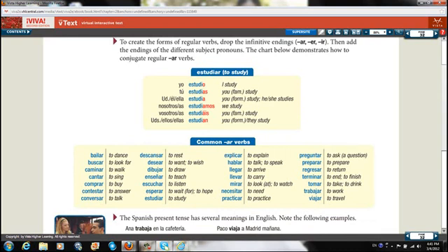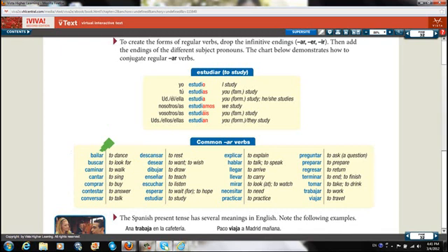Now, let's take a look at some of the verbs here. What they've done is to arrange them alphabetically to make it a little bit more, well, just organized, I think, to look at. So the first verb we're going to look at is bailar. Bailar. And we have that A and the I sound in there. Bailar.